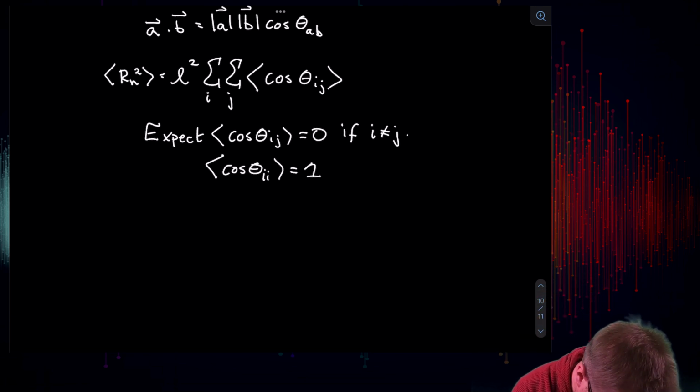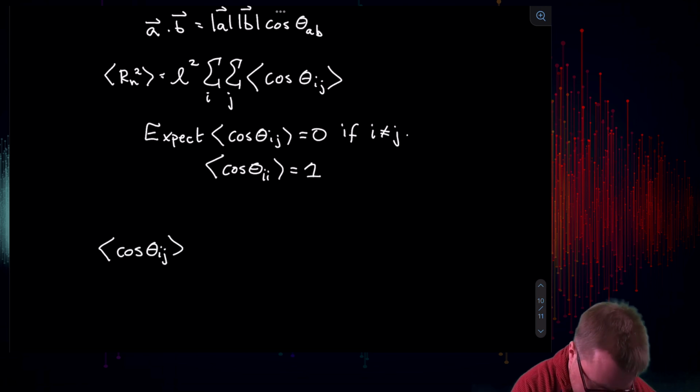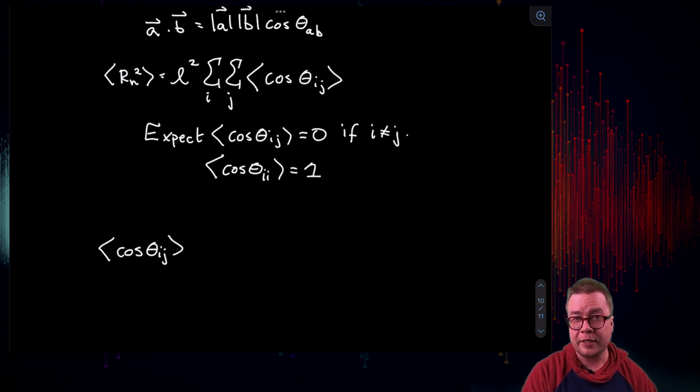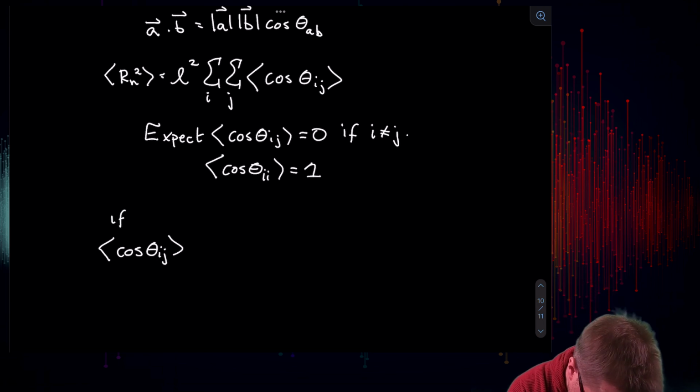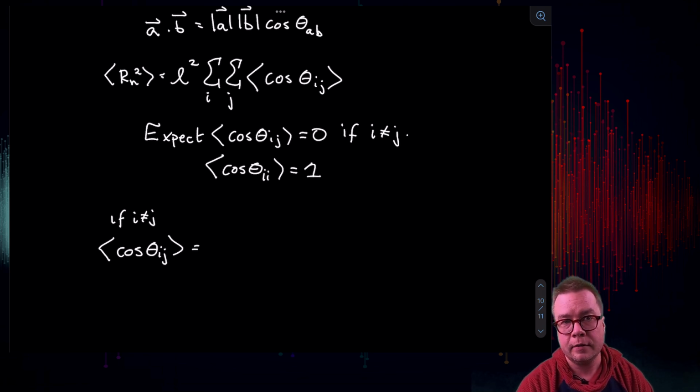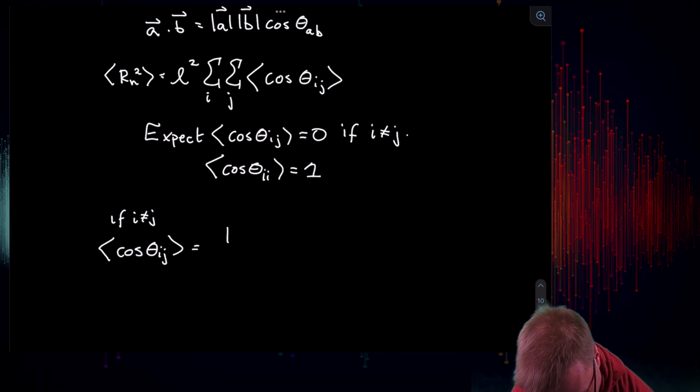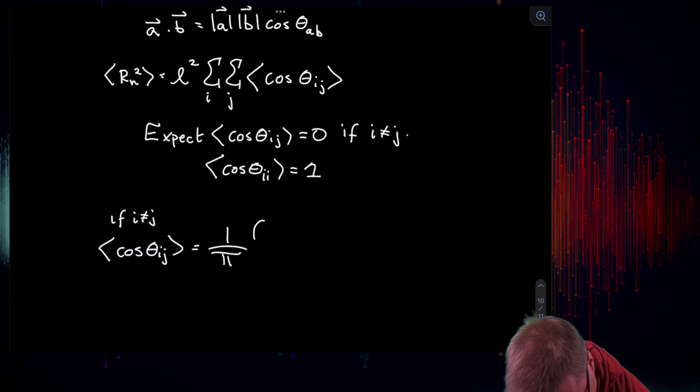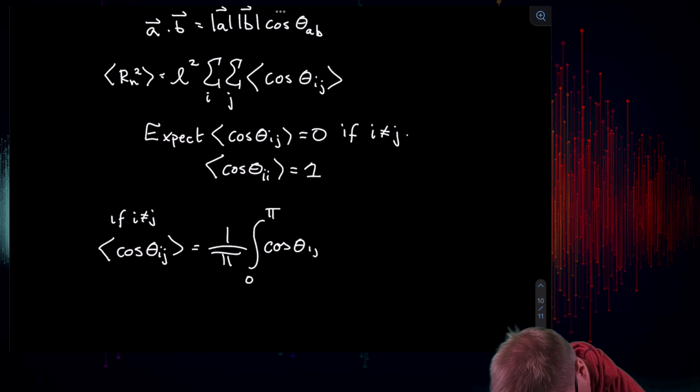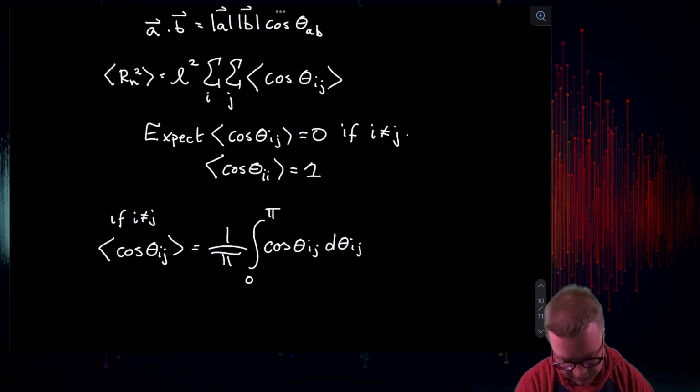So if you want to prove that, what is the average of the cosine between any two vectors if I is not equal to j? You can calculate that, right? Mean value theorem, it's 1 over the period times the integral over that period of cosine theta ij d theta ij.